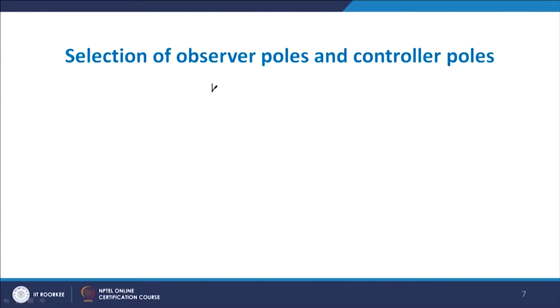Now about the next part, selection of observer poles and controller poles. Just now we have seen that the observer gain matrix Ke and the controller gain matrix Kc are independent.